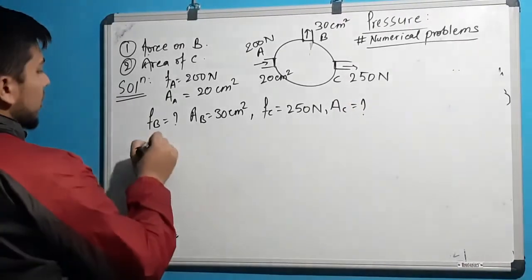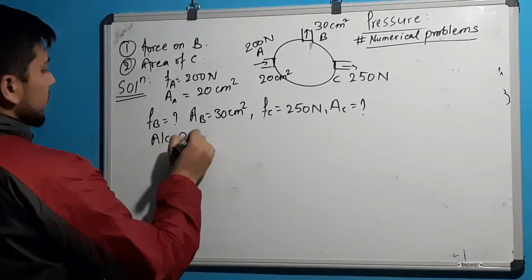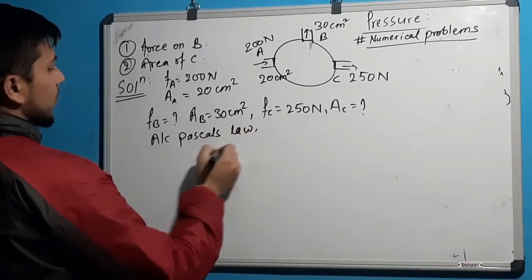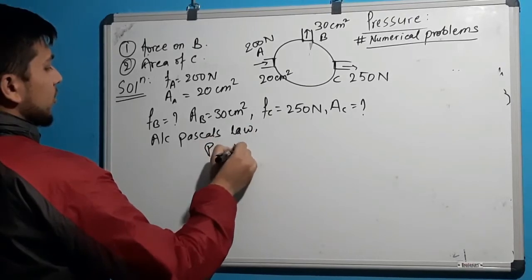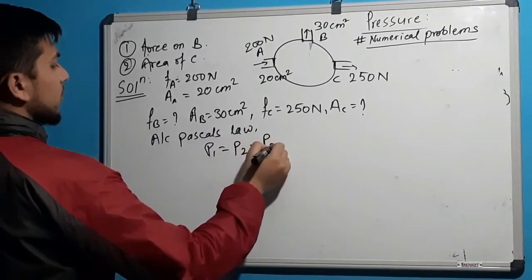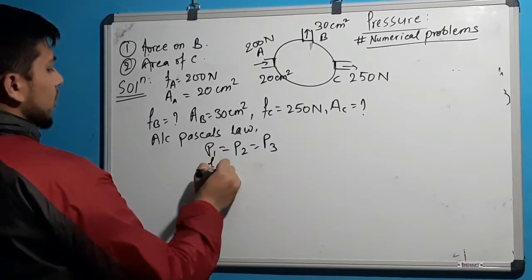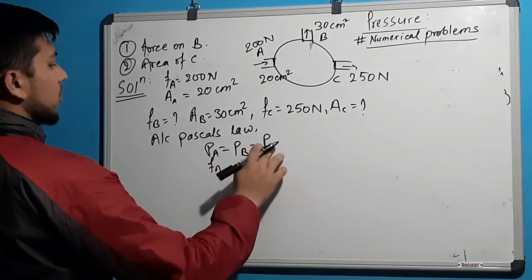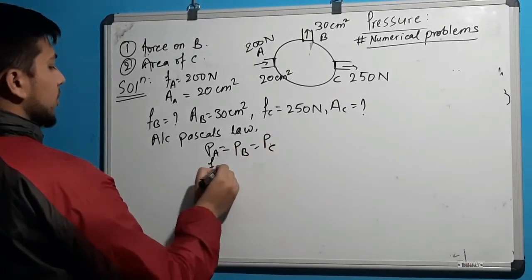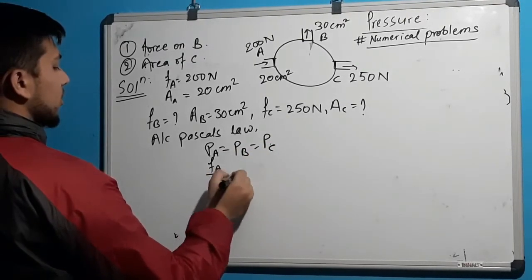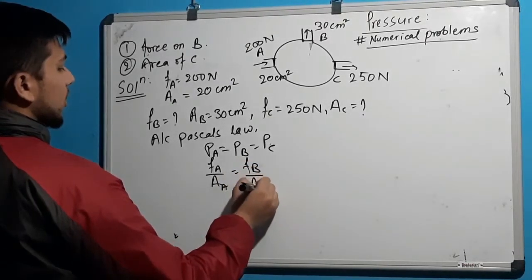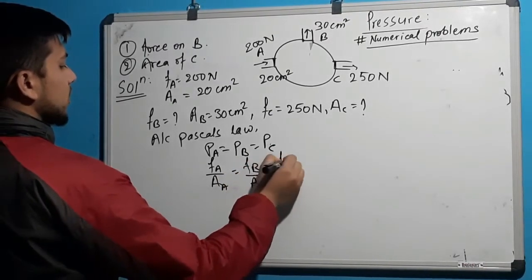And we know, according to Pascal's law, P1 equal to P2 equal to P3, here PA. We are representing here with alphabets. PA equal to FA upon AA equal to FB upon AB equal to FC upon AC.